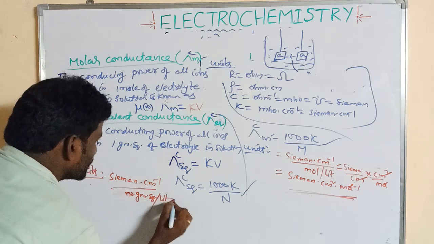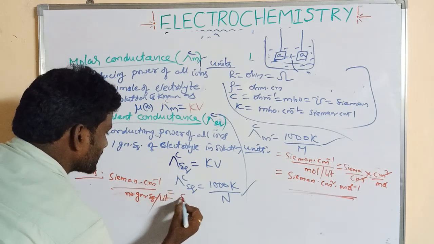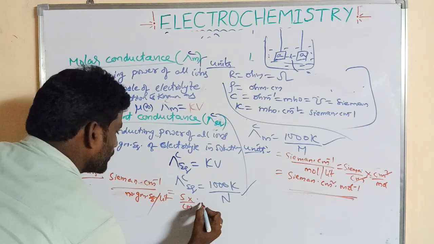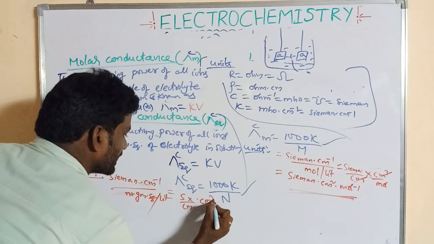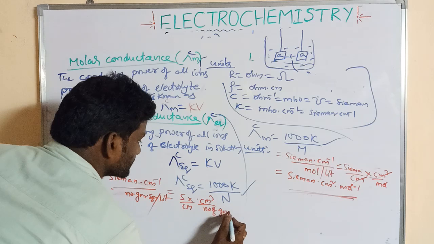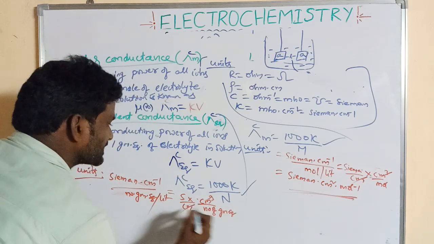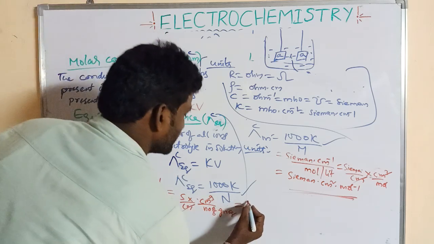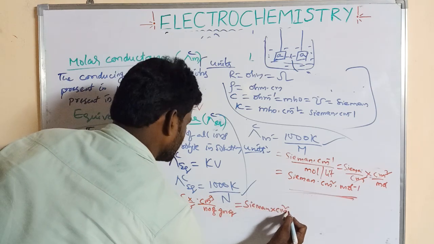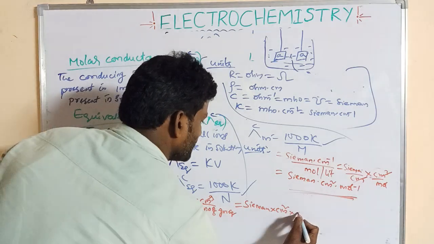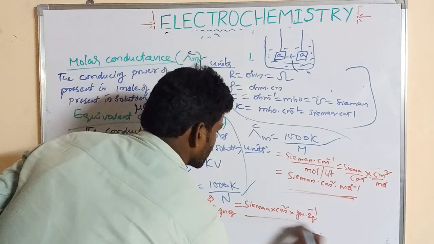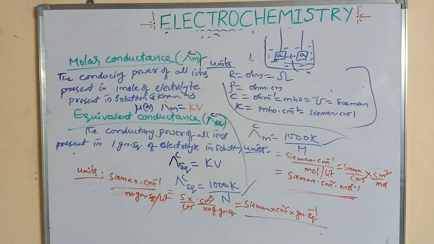Volume means liter. So this can also be written as Siemens by centimeter into centimeter cube, 1 liter, by number of gram equivalents. So centimeter cancels. Finally we get Siemens into centimeter square into gram equivalents inverse. So these are the units.